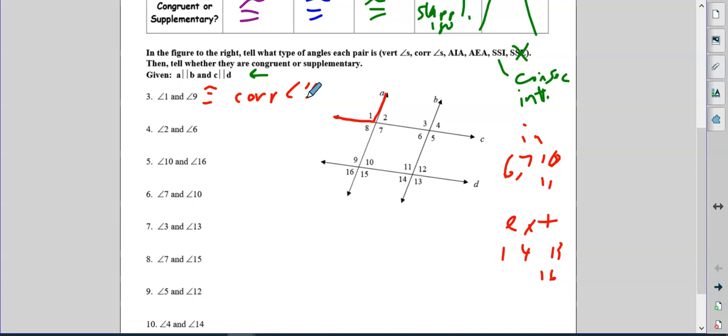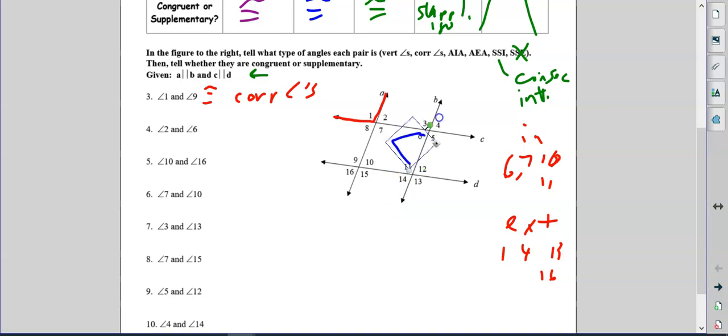angles. 2 and 6. Notice 2 is the linear pair of number 1, which makes it acute. And again, 2 and 4, 12 and 10. And then, careful here, 8, 16, 14, and 6.